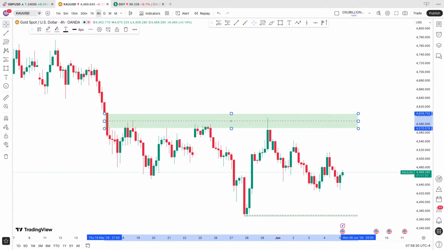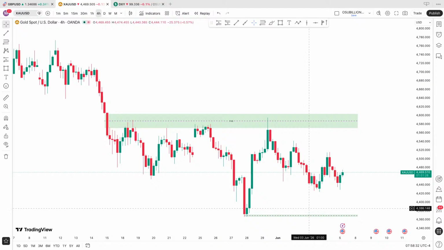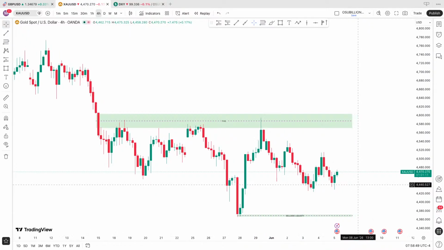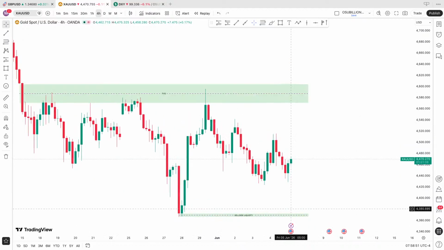And we have our sell side liquidity down there.